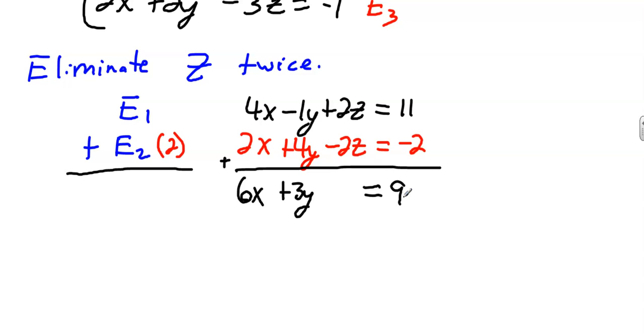Now, here's one thing that you can do, and sometimes it's about a 50-50 whether or not it's good for you. If you notice all these are multiples of 3, you could take all these numbers and divide them all by 3 and make it 2x plus 1y equals 3. We'll put that over on the side because sometimes it's helpful, sometimes it's not.